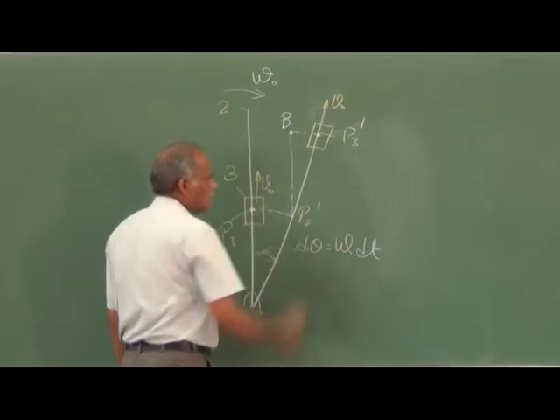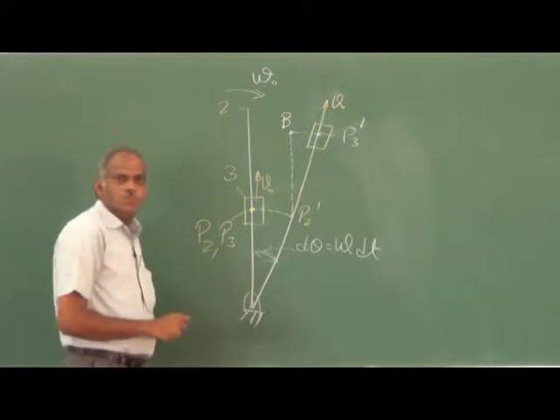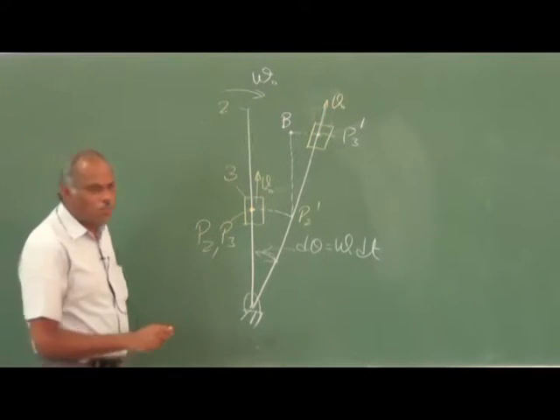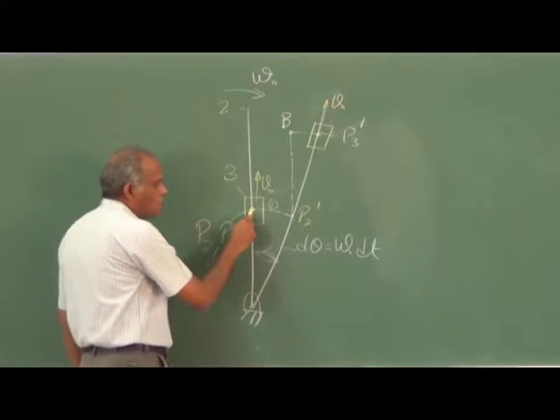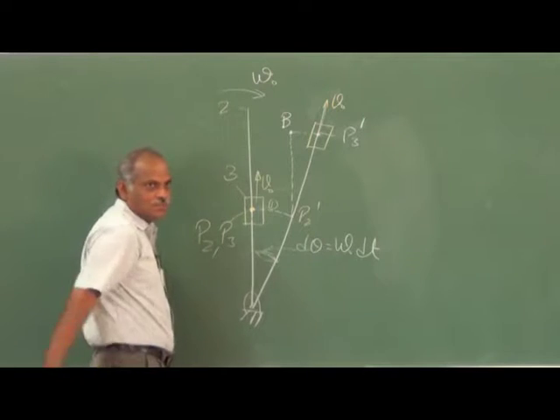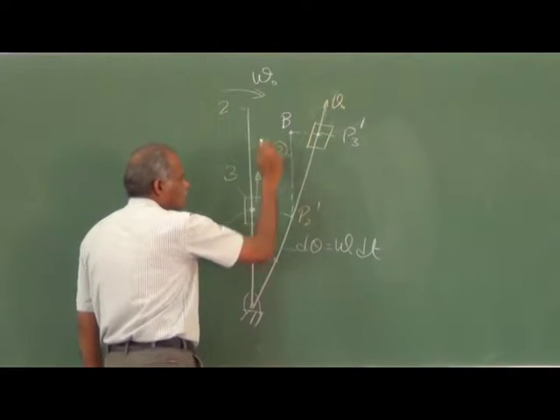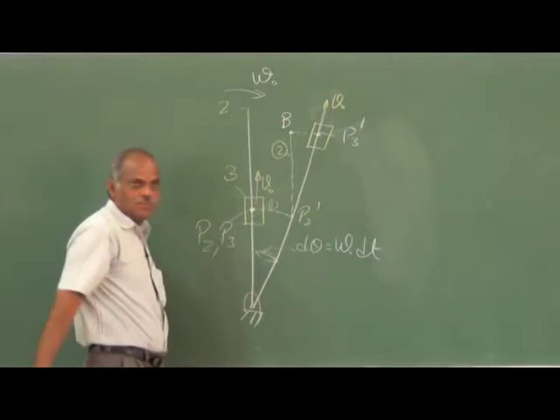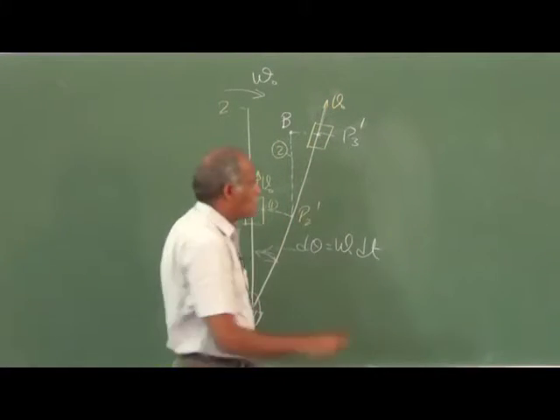The displacement is split into three segments. Segment 1 is P2 to P2 dash. Segment 2 is from P2 dash to B. Segment 3 is B to P3 dash.